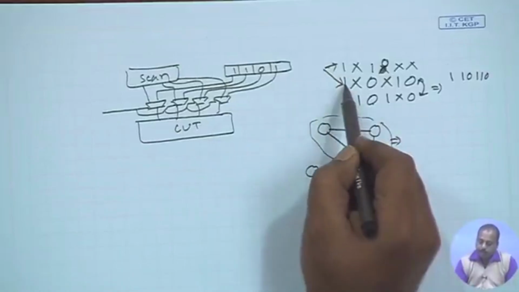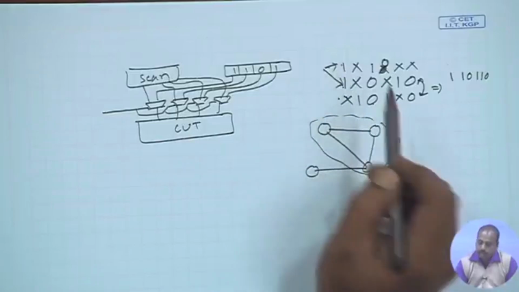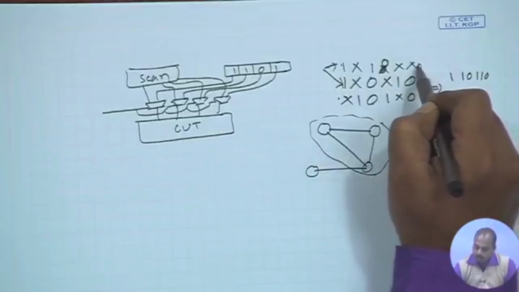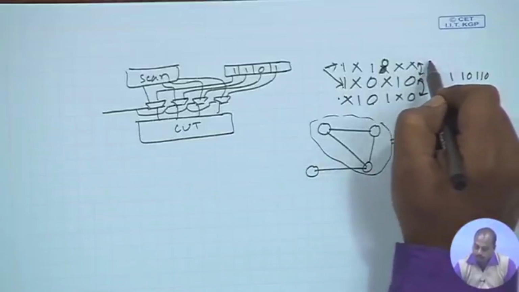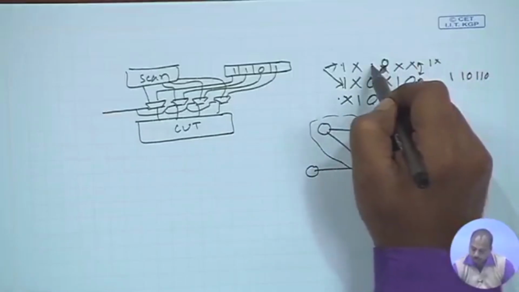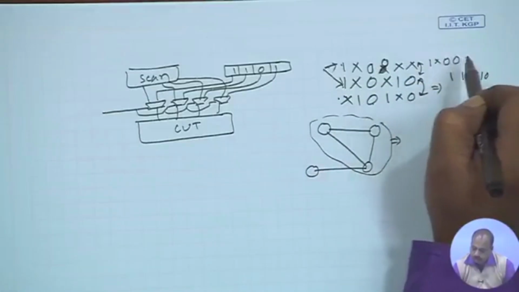Now, I have a choice. I can merge this pattern with this pattern, or I can merge this pattern with that pattern. Which one to do? If I do this particular merging, the pattern I get is 1, do not care, then 0, 1, do not care, then 0, then 0, then 1, then 0.